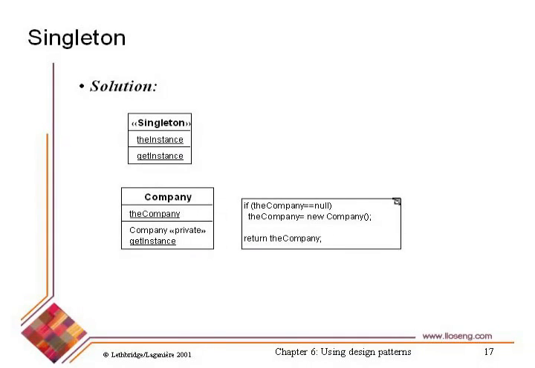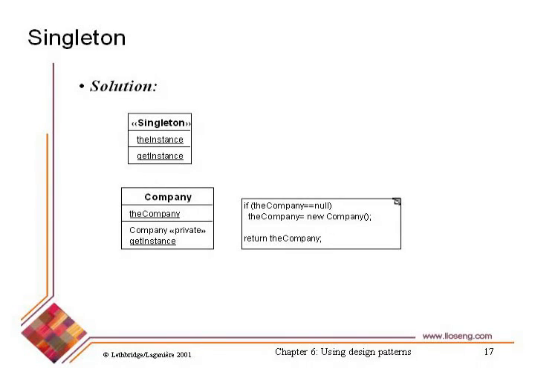Over here, on the right, is the code for the get instance method. It says if the company is null, okay, if this variable, the company, is null, then call the constructor, new company, and assign it to the company.